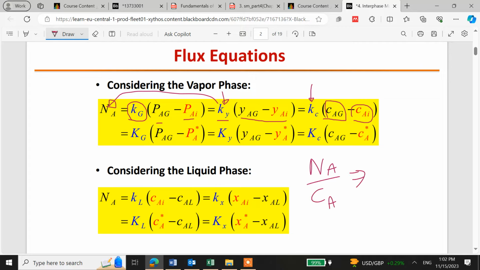You have to be careful. Unit of flux is mole per unit area per unit time, and concentration is mole per unit volume.